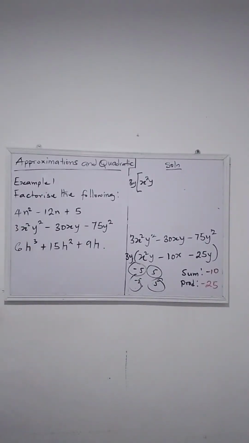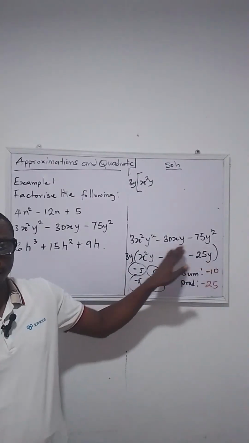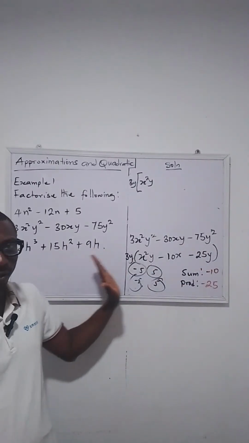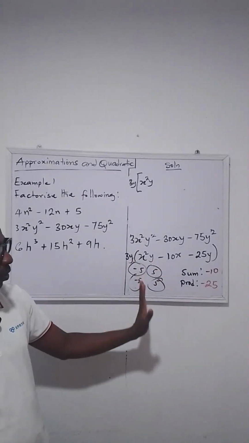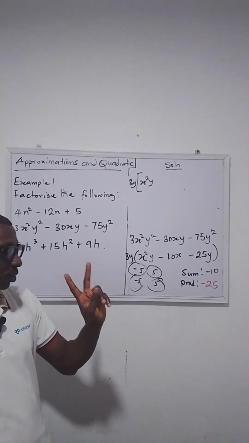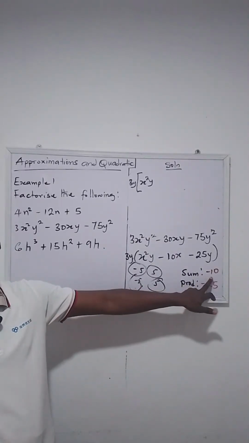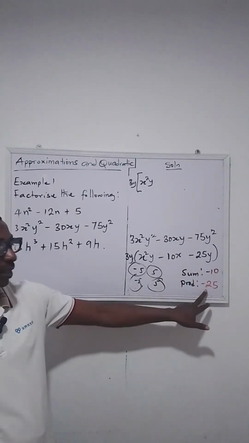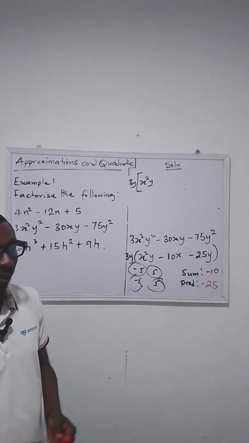So you can see in this case that this quadratic expression is not factorizable. Why? Because you cannot get two numbers such that when you add together you have negative 10, and when you multiply together you have negative 25. Such numbers do not exist.